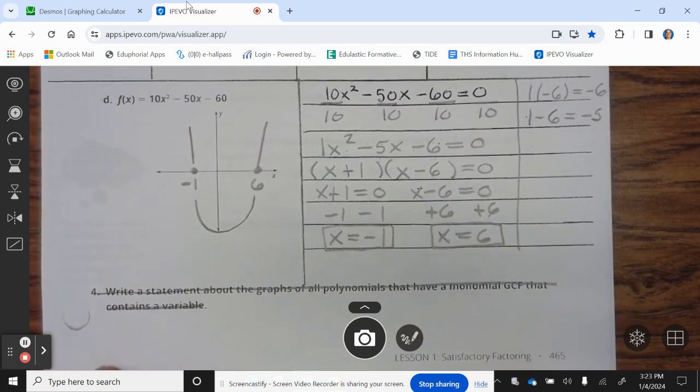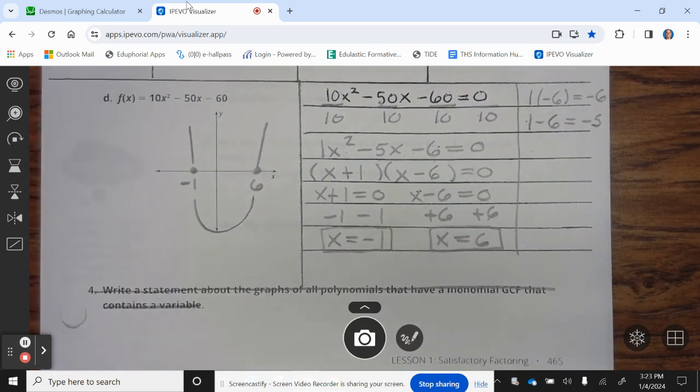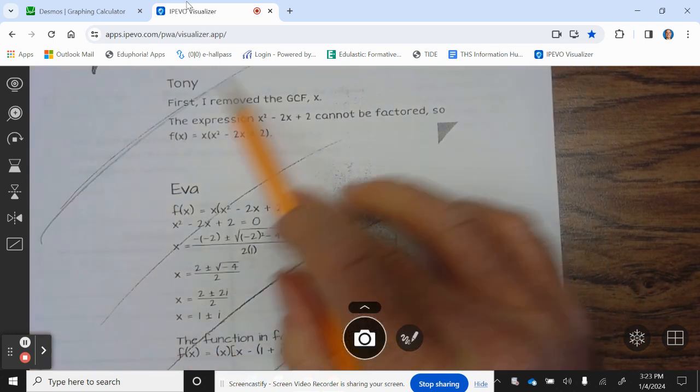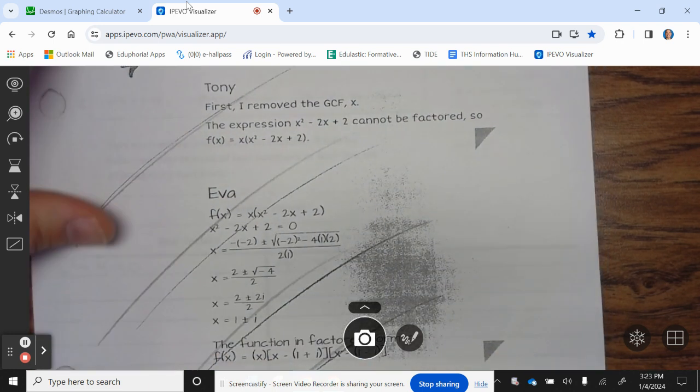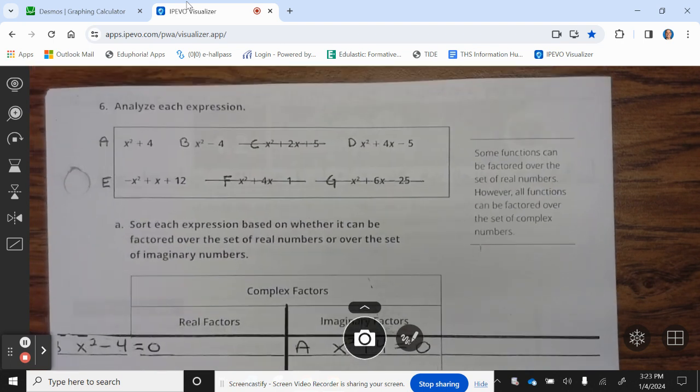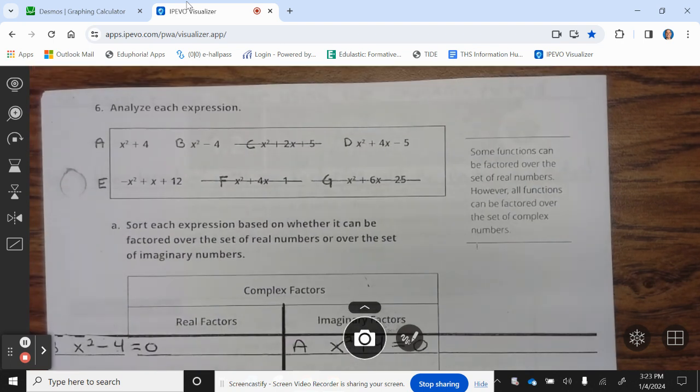Go ahead and finish it up. All right, let's take a look at the next page. Go ahead and mark this page out. Analyze each expression. Sort each expression based on whether it can be factored over the set of real numbers or over the set of imaginary numbers.